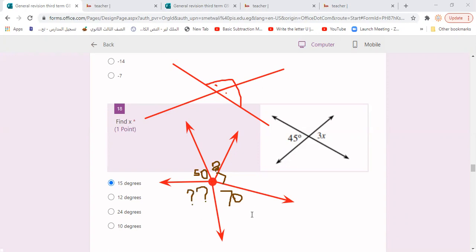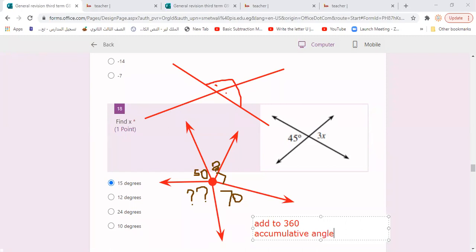Sum of 180? How come? We said, what is the relation between the angles in front of you now? This is called added to 360. So we have a point in the middle and many rays around it, so we can say that this is called added to 360, or accumulative angles.